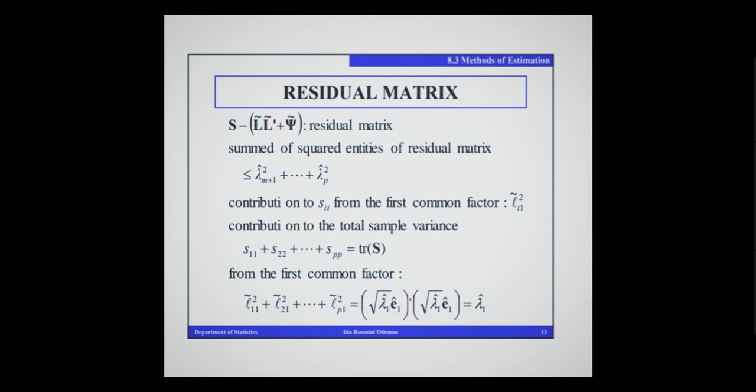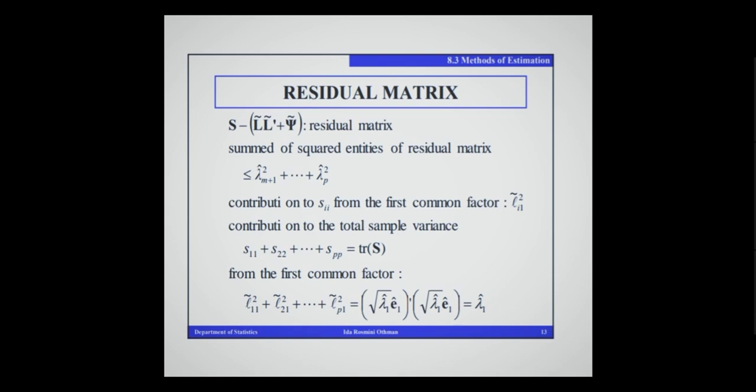Okay, so from there we can create the residual matrix. This is a formula to create the residual matrix. S adalah variance covariance matrix minus tadi factor loading matrix, multiply dia punya transpose of the matrix plus the diagonal matrix of big psi.